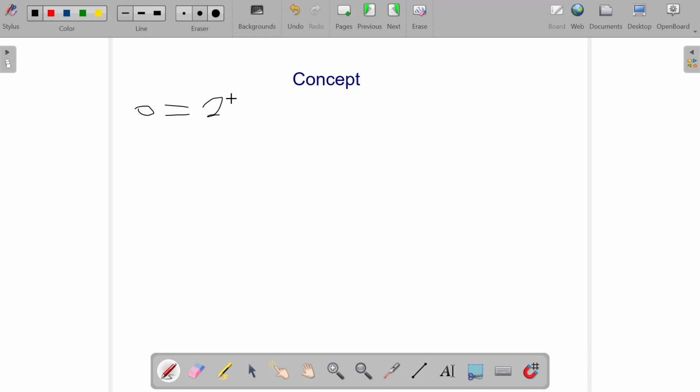And this has been increased by 25%, right? So increase percentage is how much? 25. Okay. So they are asking us the new value.